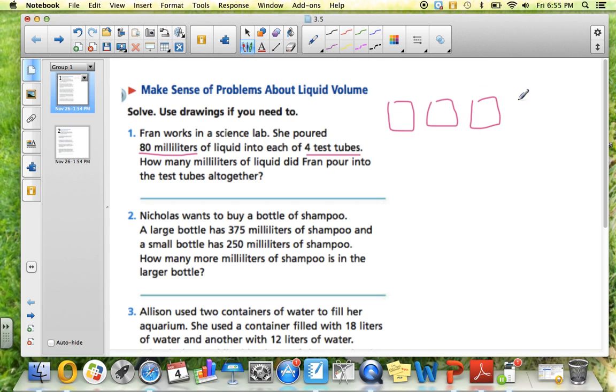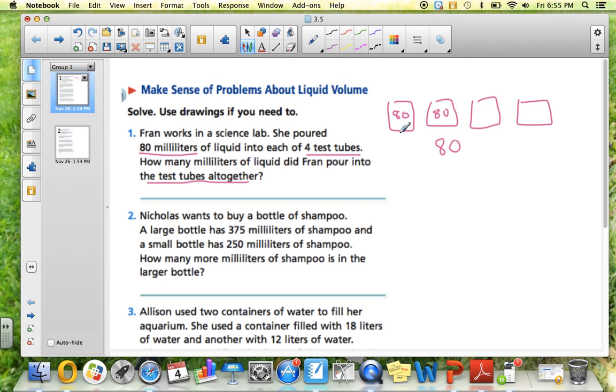Okay, so here they are. And we know that each test tube has 80 milliliters. So each one has 80. I'm not going to write 80 in all of them, but so you get the gist. And an easy way for us to find how many she poured all together, we can take our 80 that's in each.